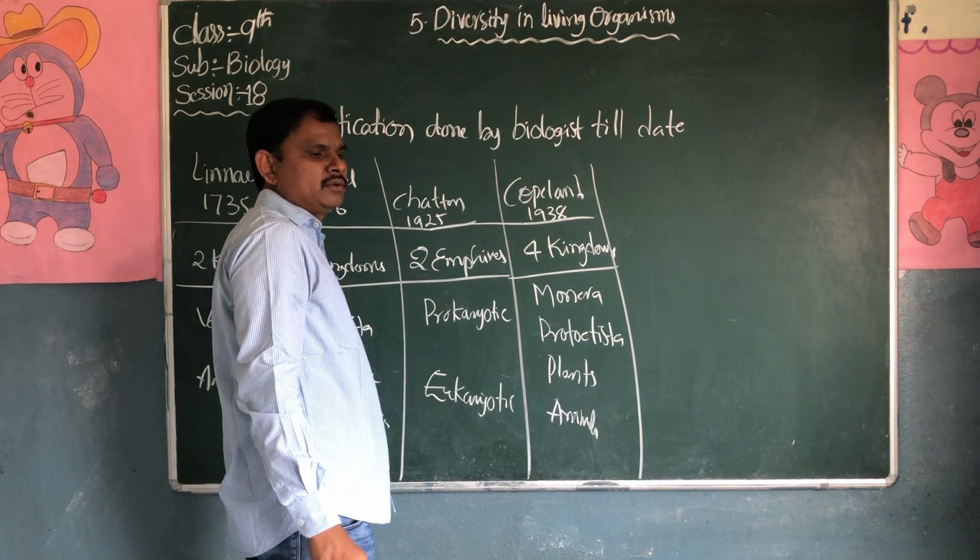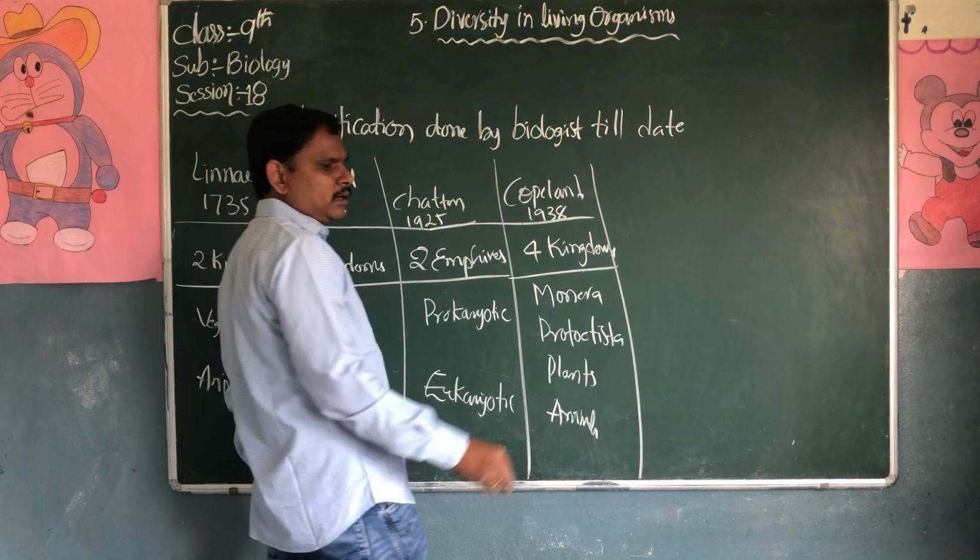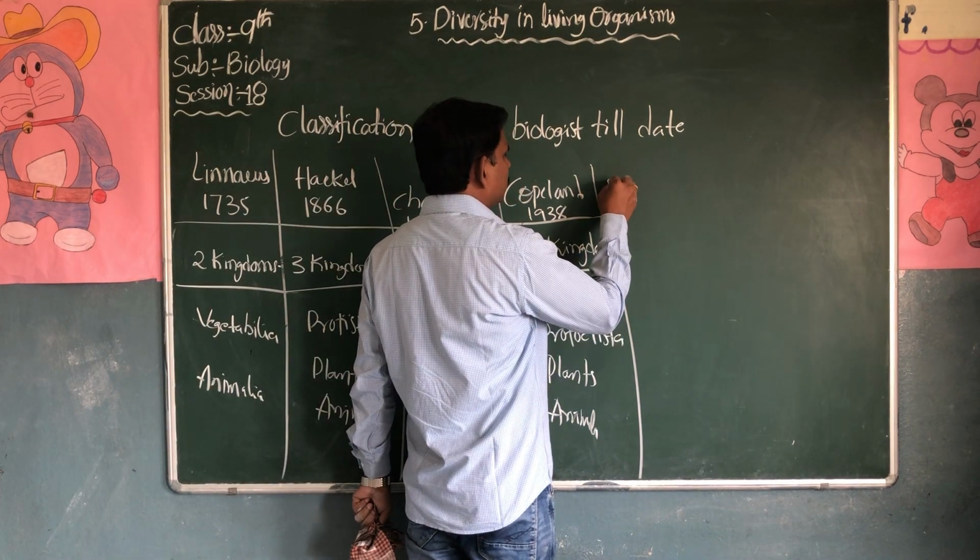Then Whittaker, the most important scientist. Whittaker divided into five kingdoms.